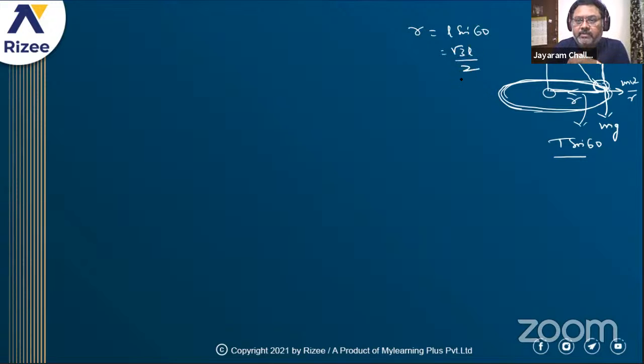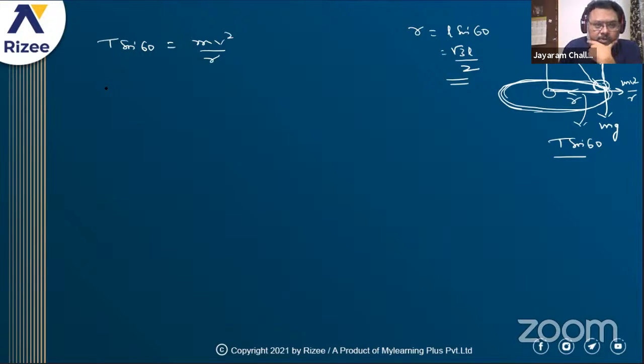Now from the diagram, I can write that T sin 60 is equal to mv square by r. So T sin 60 is T into root 3 by 2, is equal to mv square by r, with r value root 3 L by 2.